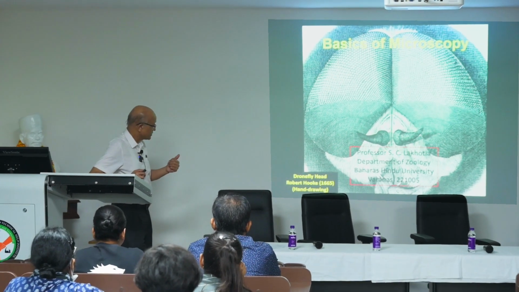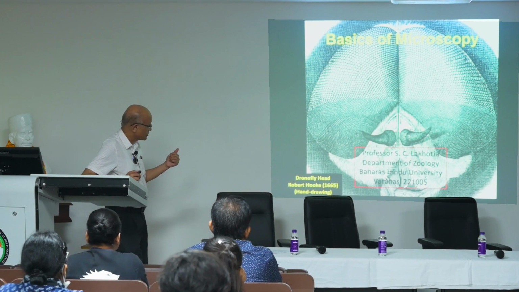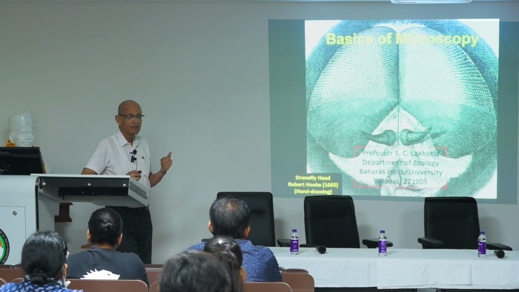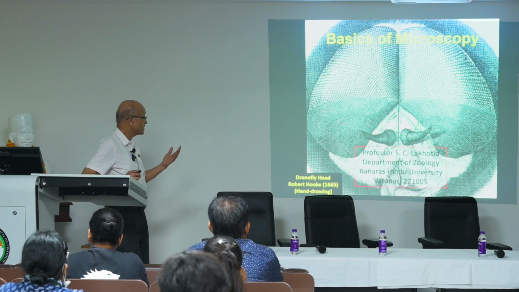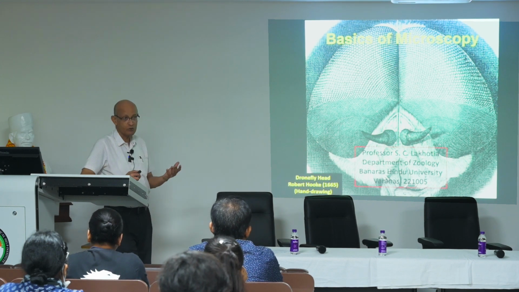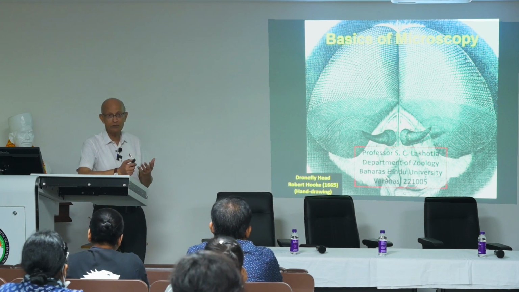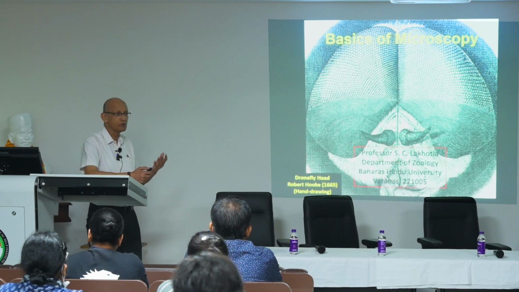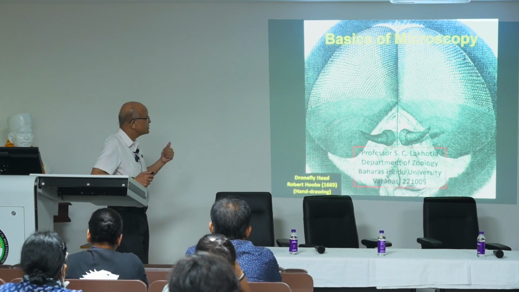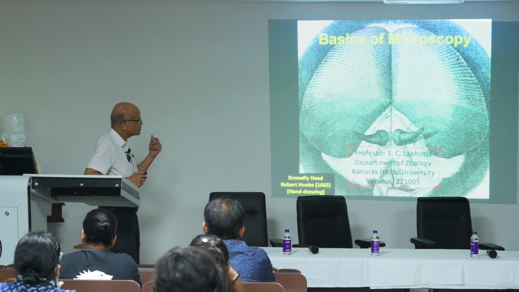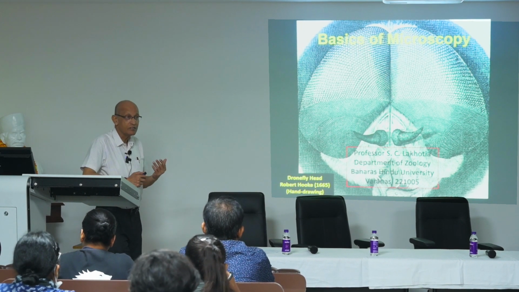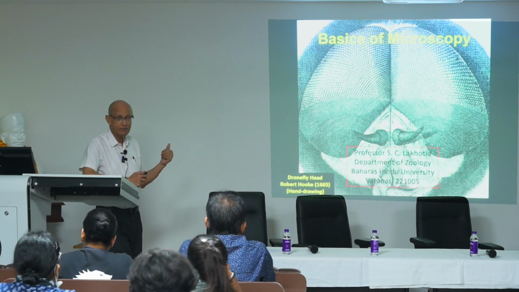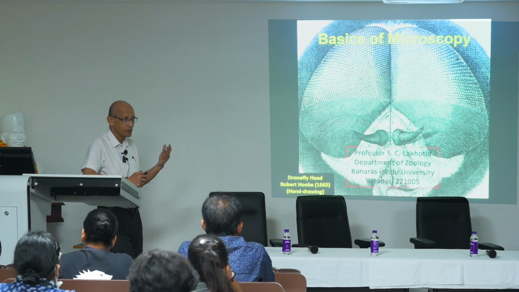This picture that I really like was drawn in 1665 by somebody who had made microscopes. In those days they used to make microscopes themselves, Leeuwenhoek and Robert Hooke. What one really needs to appreciate is not only the detail that one can see, but also the art that goes with it, hand drawn, not photographs.